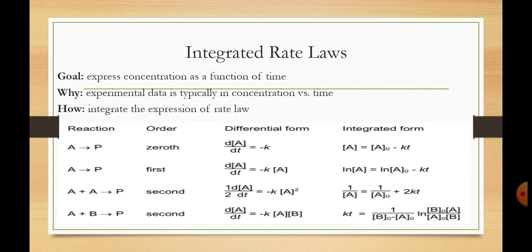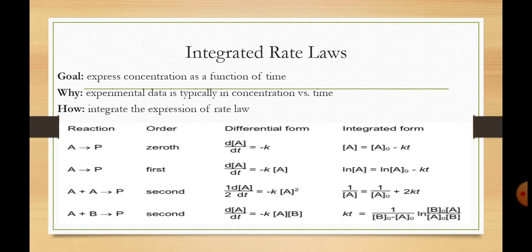If we see the third equation, if A is combined with A to make P in a second order reaction, the differential form is minus half d concentration of A divided by dt is equal to K concentration of A with power 2.